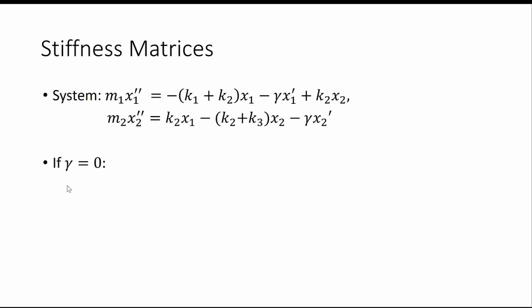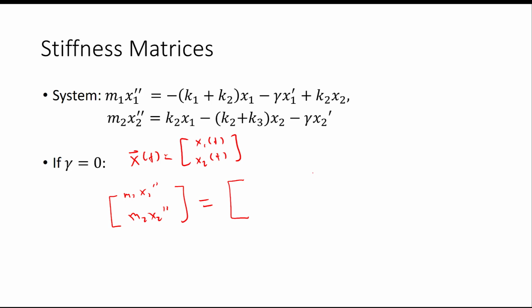If gamma is equal to 0, then if we define our solution vector now as just the two-dimensional vector which tracks the positions of our cars, then notice that we can rewrite the left side of our equation above as m1 x1 double prime, m2 x2 double prime.